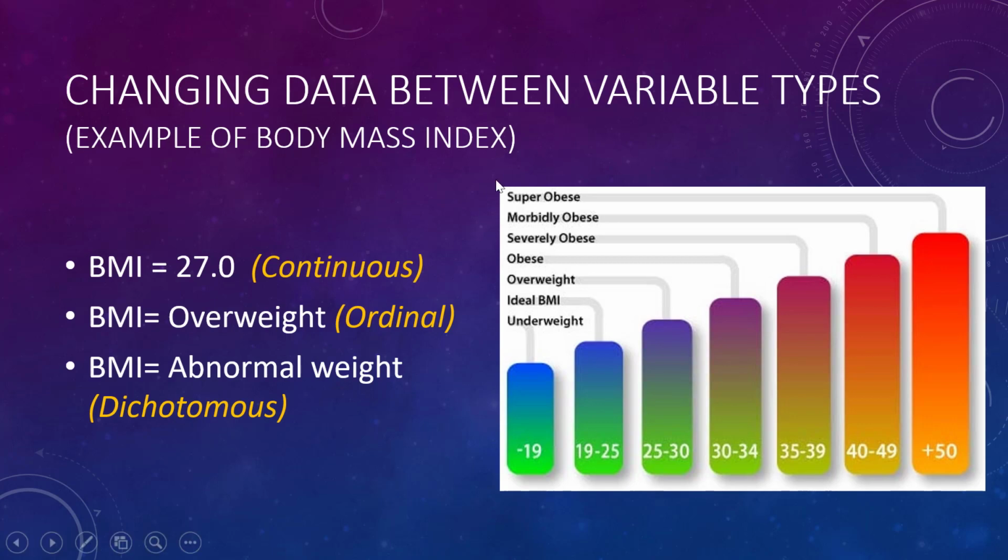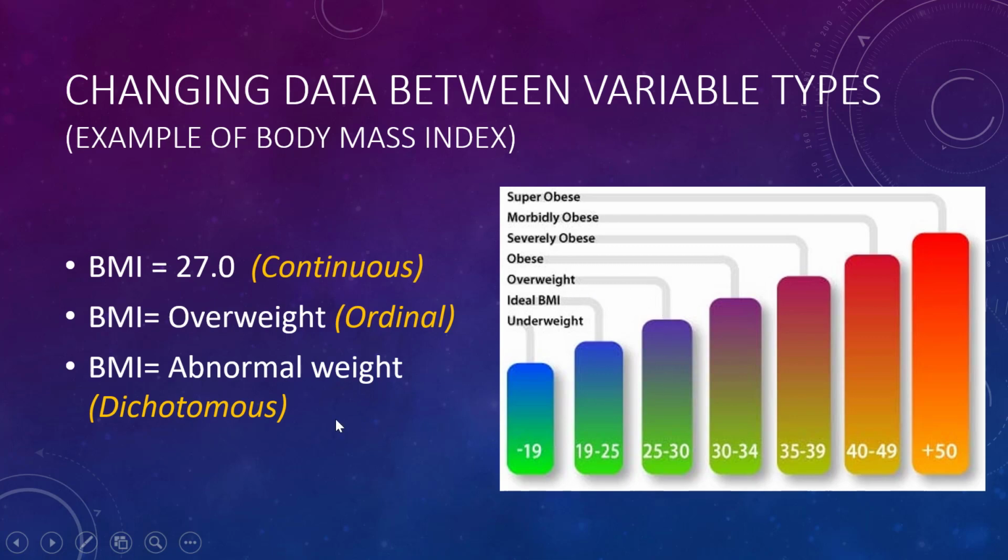For example, if we're looking at body mass index, if we measure the body mass index and it's 27, this would be a continuous variable. Whereas if we decide that we want to put it in a category, 27 would fit in this category, which indicates overweight. Now, if you look at these categories, they're in order, so that would be considered an ordinal variable.